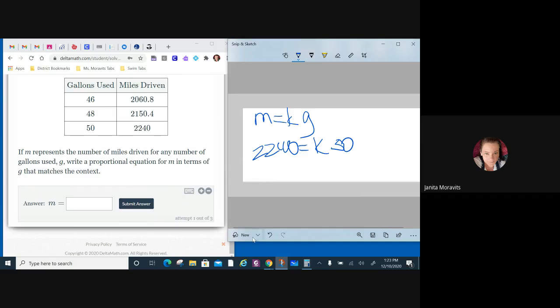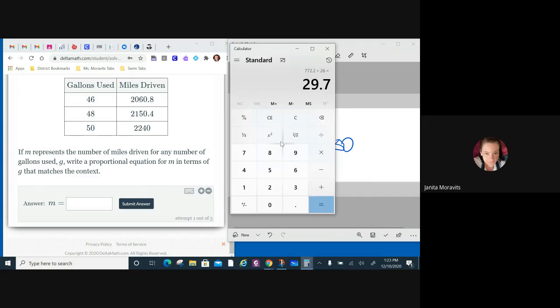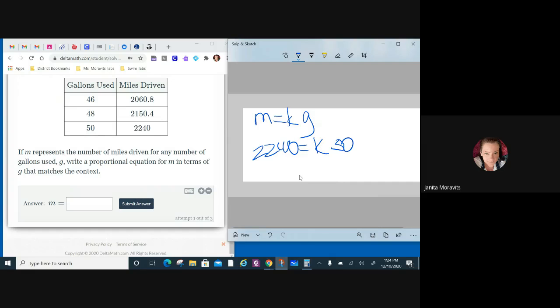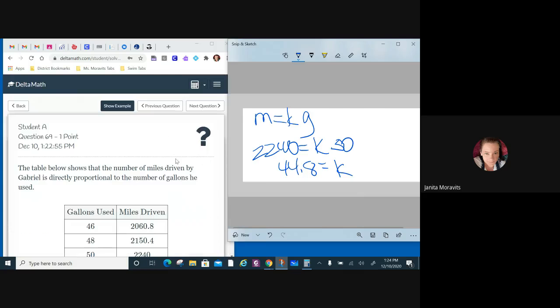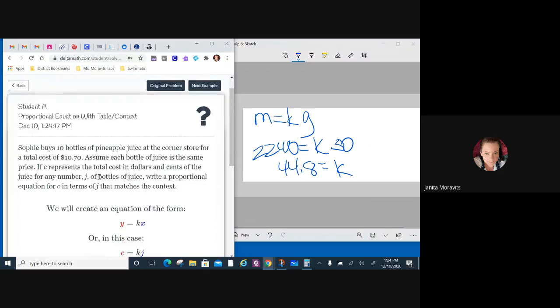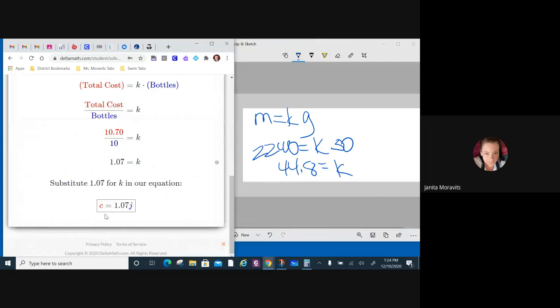All right, so let's get our calculator and clear it out. We're going to say 2,240 divided by 50, 44.8. All right, so 44.8 equals K. All right, that's our constant. And let me take a look here. We want to make sure that, see how they want you to put your answer in.